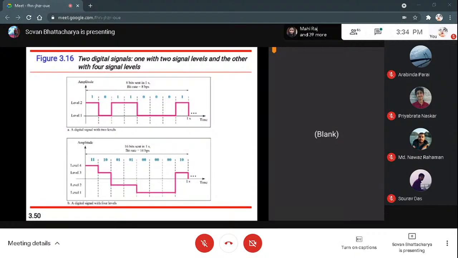Now in the third, it is horizontal at the high level. Then the next part is horizontal, so 1 1, then 0 0 0, then 1. Clear?